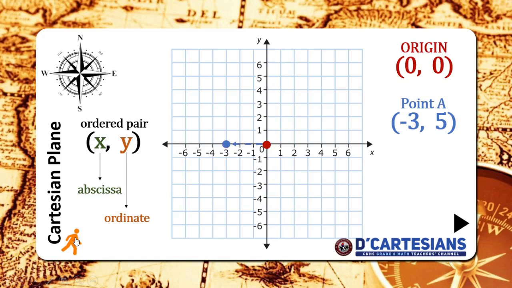So, that means it's positive, so we move upwards. Okay? At ayun ang ating point A, which is negative 3, 5. Let's plot another point. How about point B? We have 0, 2. So, ang x natin ay 0, so walang movement. Okay? And then, ang y natin is 2, so we move 2 spaces upwards. There you go. So, we have 2 points, point A and point B.